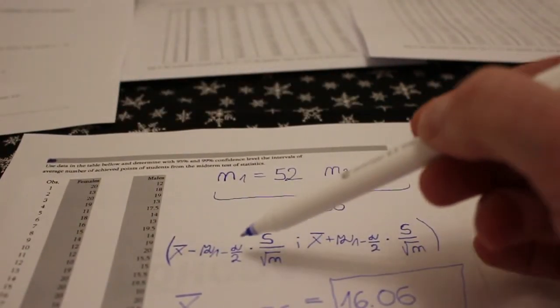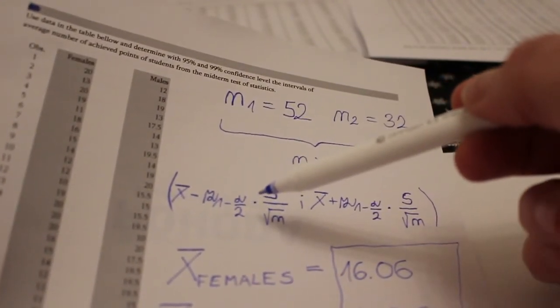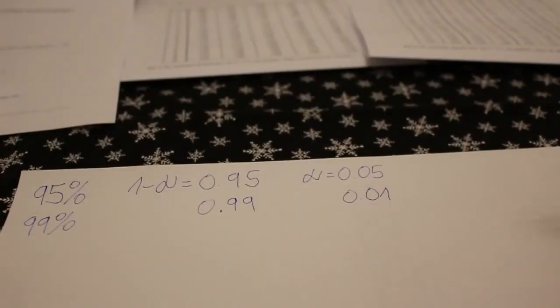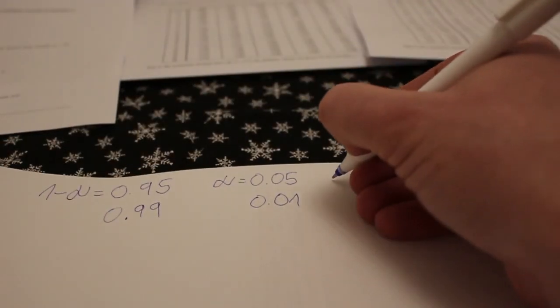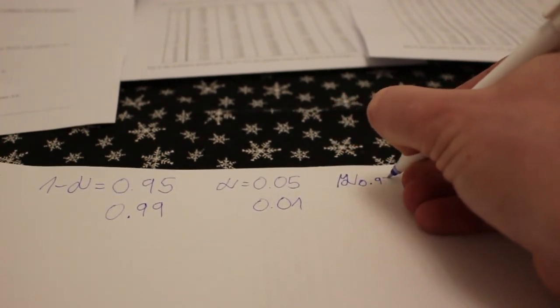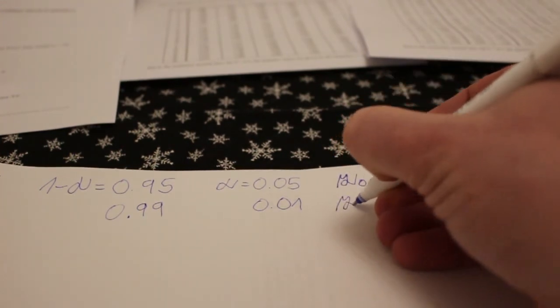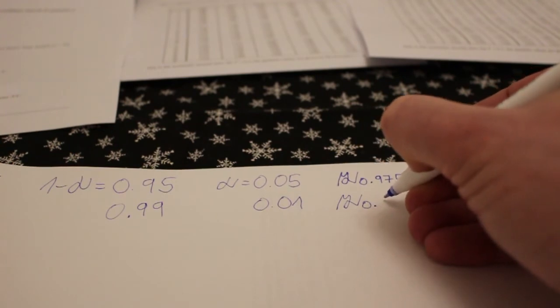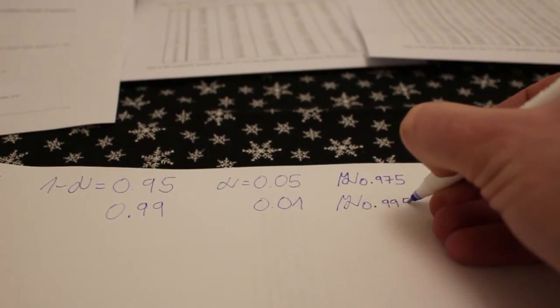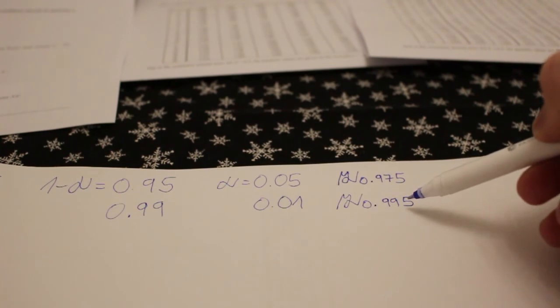We will use quantile z 1 minus alpha divided by 2. So we will need standardized quantile z 0.975, and there we will need quantile z 0.995. This quantile will be for 95% confidence, and this quantile will be for 99% confidence.